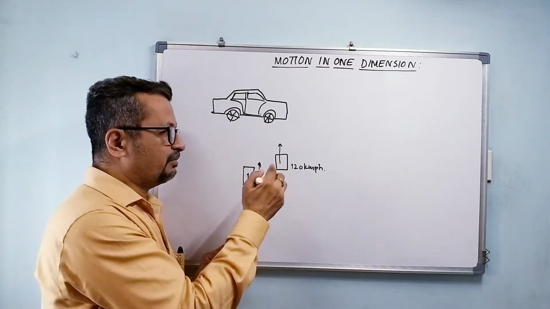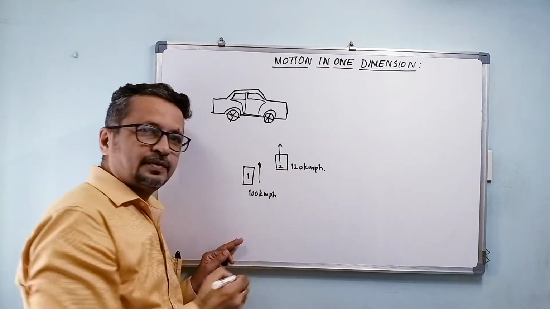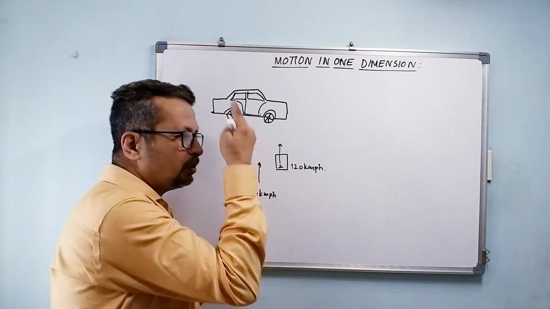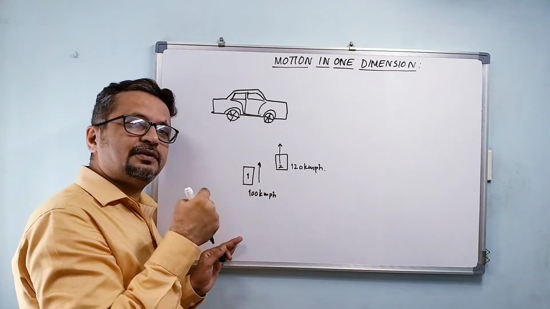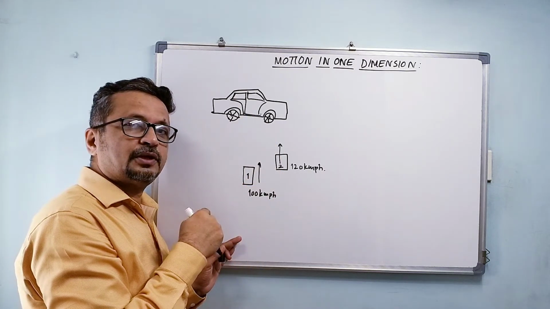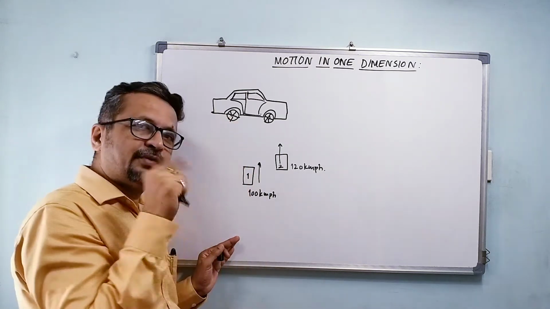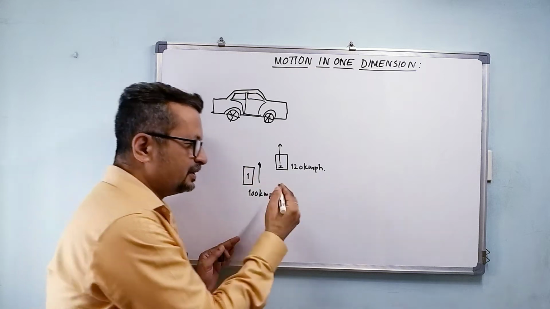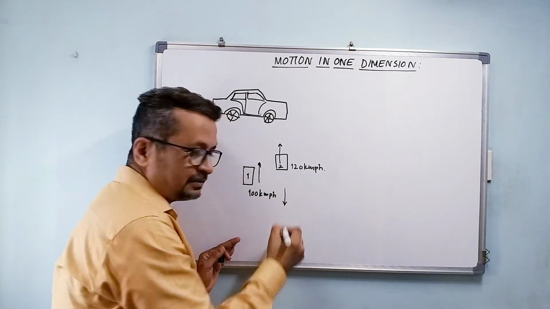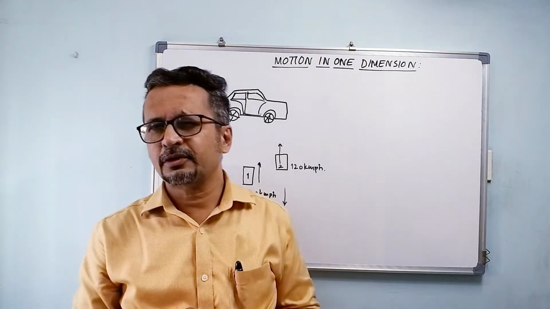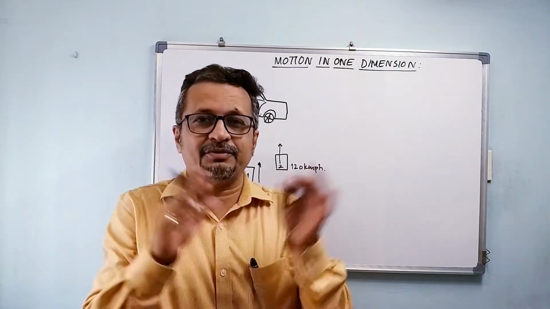What about this driver, car number 2? He is already at 120 kilometer per hour, and as he is moving forward, he would find that this car is going in the opposite direction with a speed of 20 kilometers per hour. Okay, this is one scenario.